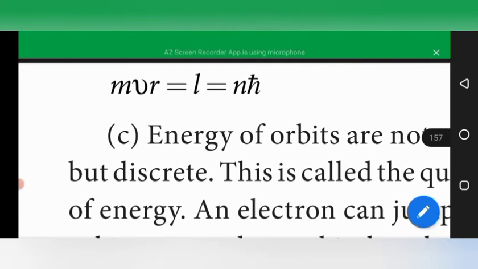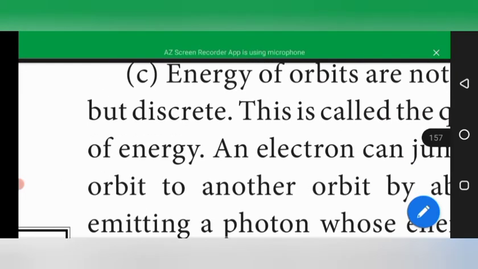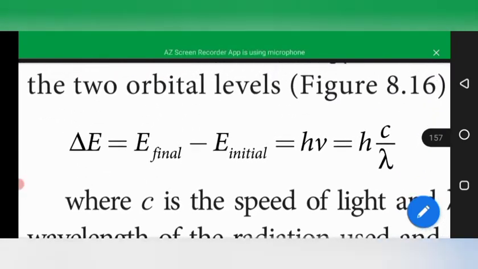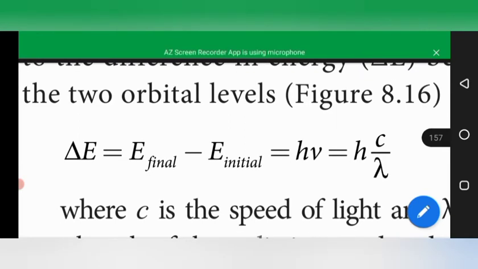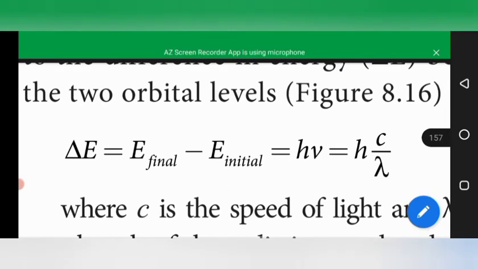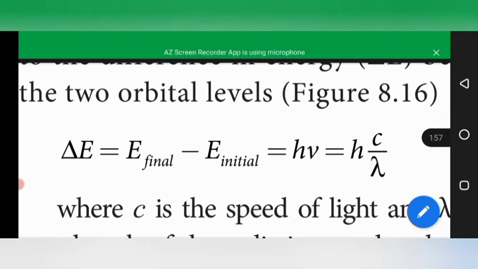Next is the energy of the orbits. The energy levels of the electron in an orbit are not continuous but only discrete. The electron can jump from one orbit to another orbit by absorbing or emitting a photon.